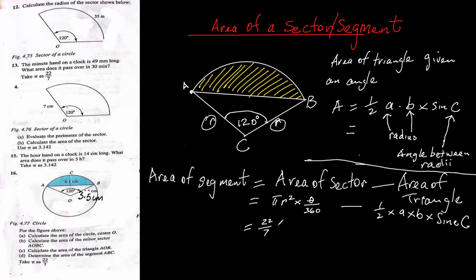So the radius is 3.5 squared times theta, which is 120 over 360, minus, now this new part, a half times A, the radius, which is 3.5, by B, which is also 3.5, times sine, short is SIN, 120.